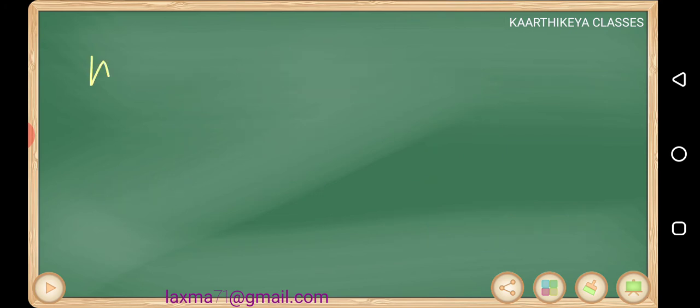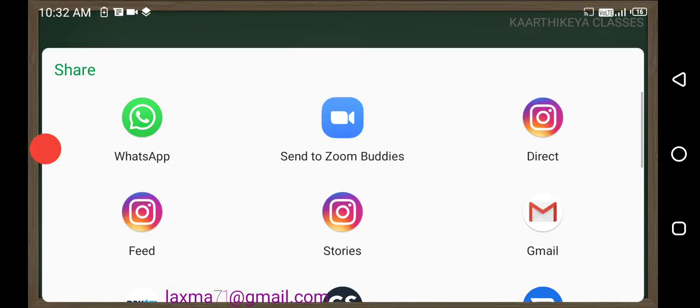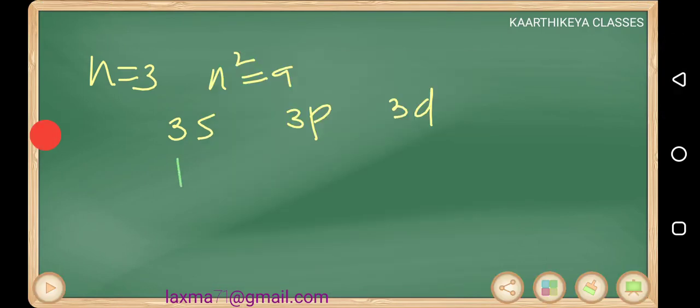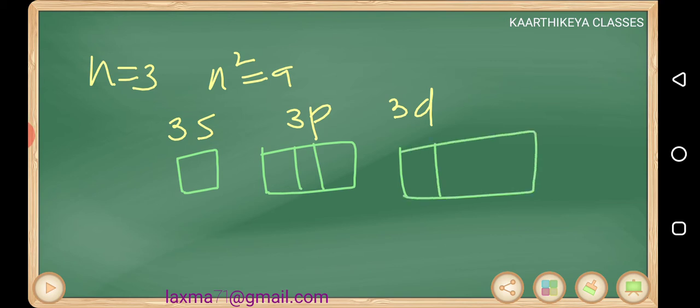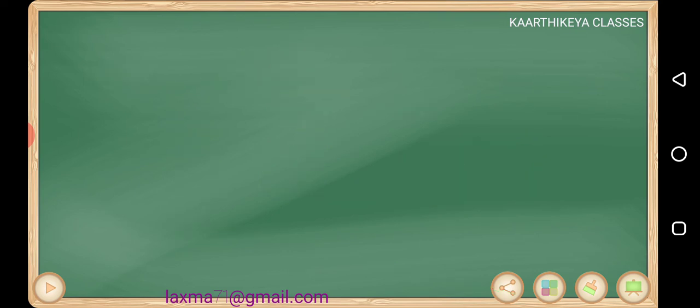If n is equal to 3, n square is 9: 3s, 3p, and 3d, giving a total of 9 orbitals.